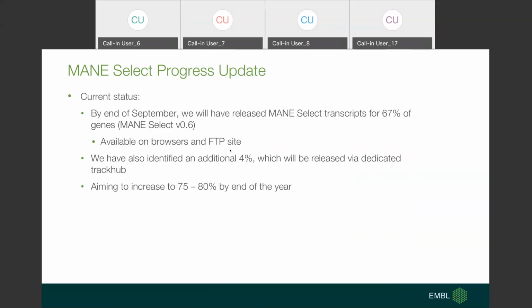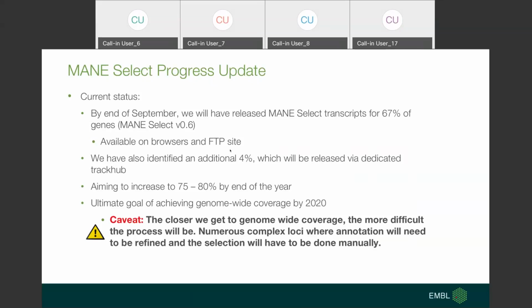So our aim for the rest of the year is to increase that percentage to 75 to 80% coverage across the genome. And obviously our goal is to achieve genome-wide coverage by 2020. That is a very lofty goal, and we are working towards that, but we know very well that the closer we get to genome-wide coverage, the more difficult it will be for this process to be completed.